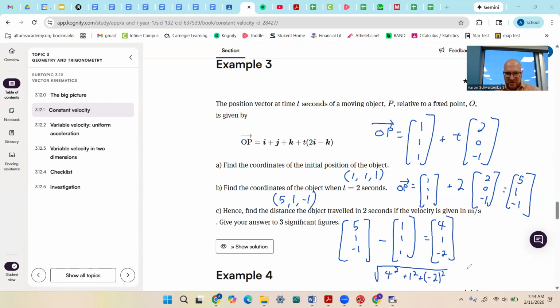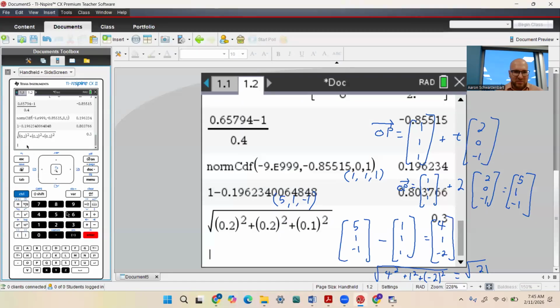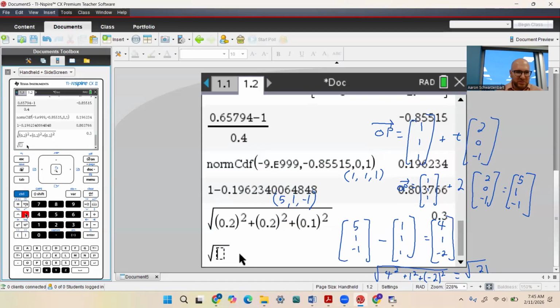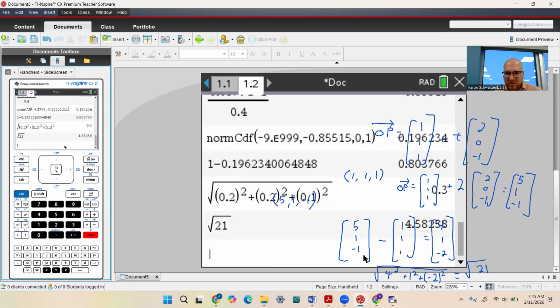So 16, 17, square root of 21. I suppose I should give that as a decimal, because in applied math we want decimals. 4.58. So to 3 sig figs, 4.58. And it does want this to be in meters.